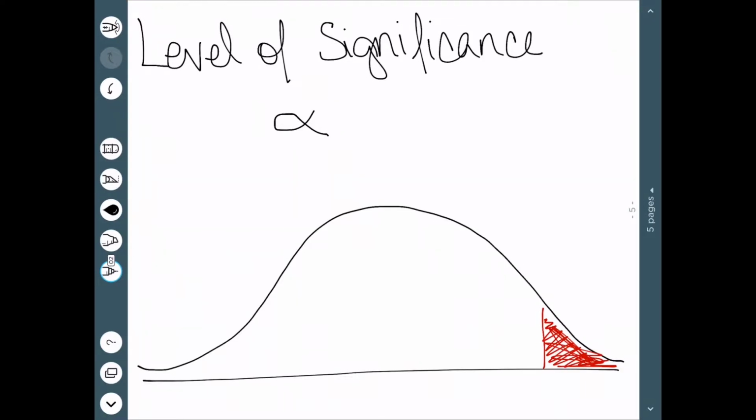Here I have a right-tailed test drawn, and essentially alpha corresponds to this shaded area here. And so the critical value is the z-value that corresponds to alpha being in the shaded region.